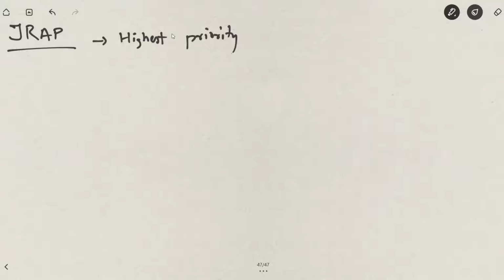Also, it is a non-maskable interrupt, which we have already specified. That means we cannot disable or enable this interrupt; it will always take precedence over whatever program is being run at a certain moment. So it cannot be ignored by the microprocessor in any case.